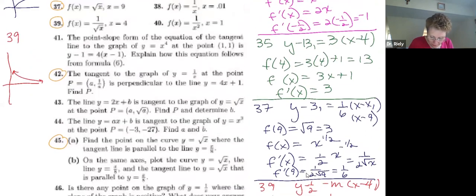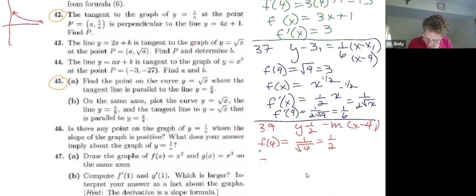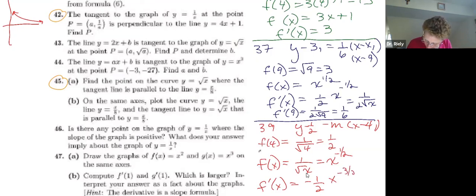So I'm going to see my function 1 over radical x. So my f of x equals 1 over radical x, which also equals x to the negative 1/2. Therefore, f prime of x equals negative 1/2 times x to the negative 3/2.